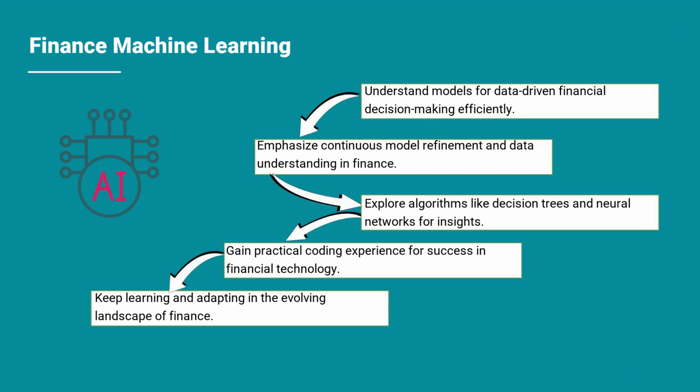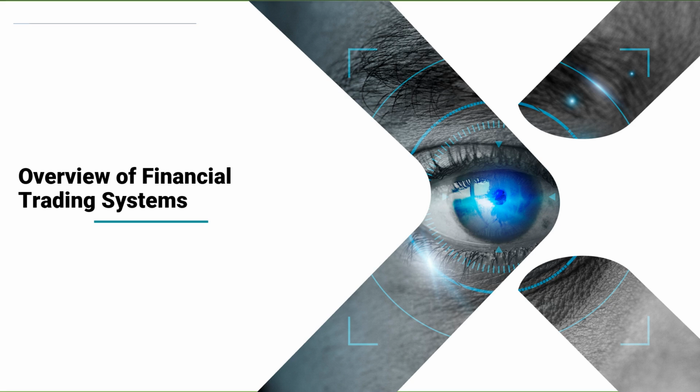The practical experience you acquire through coding and model implementation can serve as the foundation for continual growth and adaptation in this dynamic field. Keep experimenting, learning, and pushing boundaries as you journey forth in this exciting blend of finance and technology.